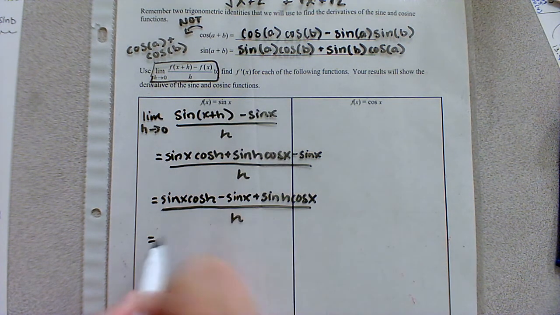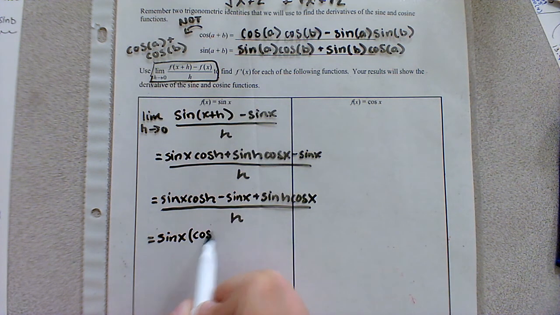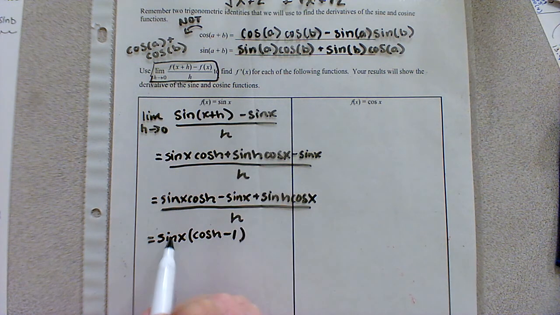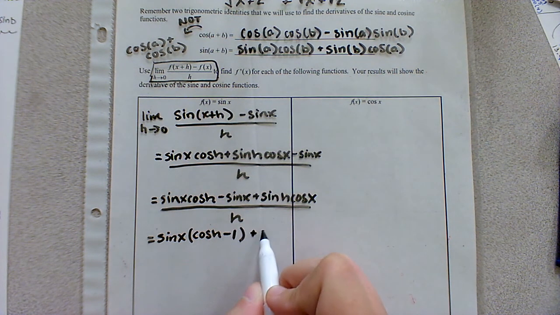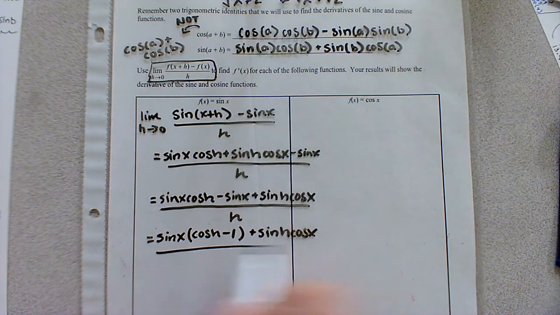The reason I want to do that is because for these first two terms, they both have a sine of x in common. So I can factor that out, and I'd be left with cosine of h minus 1, because if you distribute that back in, you would have what you have in the previous line. And then I have plus sine of h cosine of x, and all this is over h.